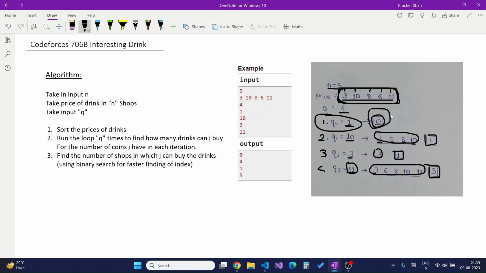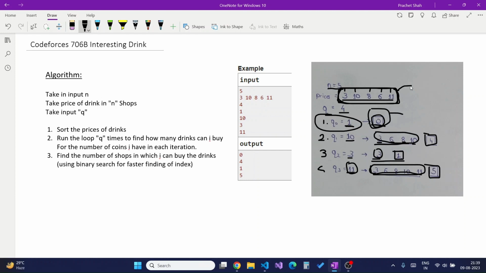So one thing to optimize this solution further is to initially sort this array. As you can see on solving each case, we'll understand that we need the sorted array to find the number of shops more efficiently.